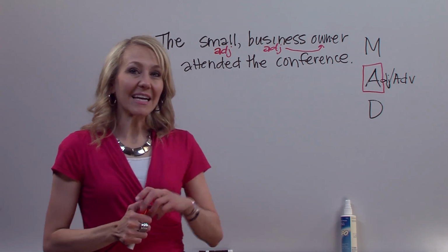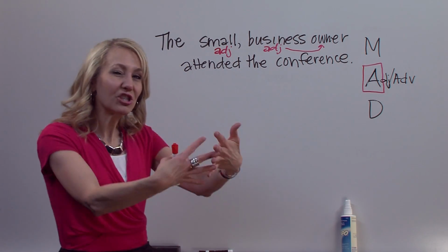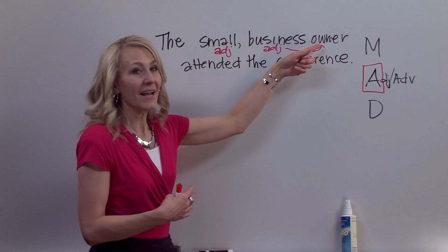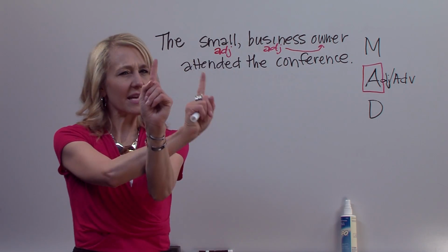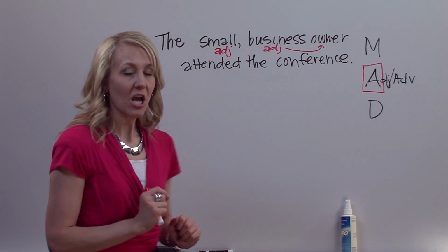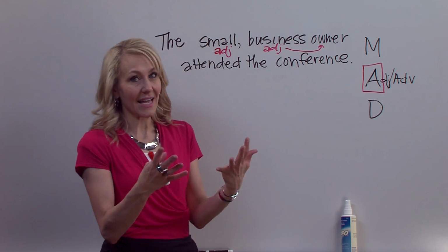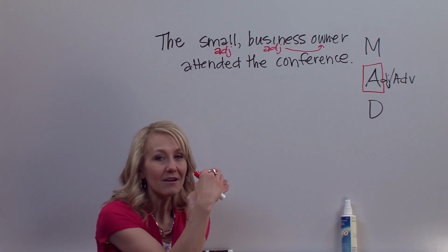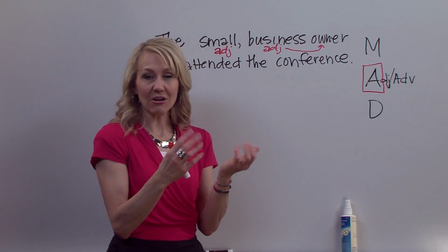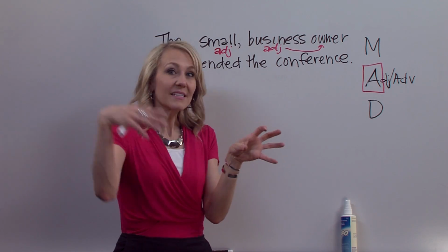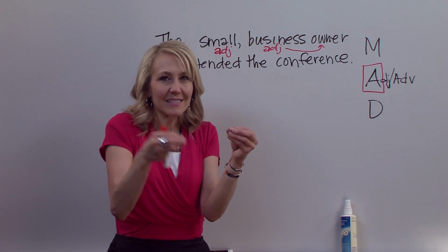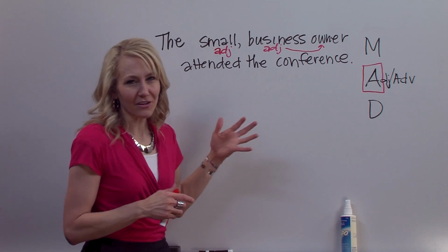Now, when I have 2 adjectives before a noun with a comma, it means those adjectives are of equal strength and I can switch them. So if I really were trying to say that there was a little business owner attending the conference, I could switch these to say the business small owner attended the conference.